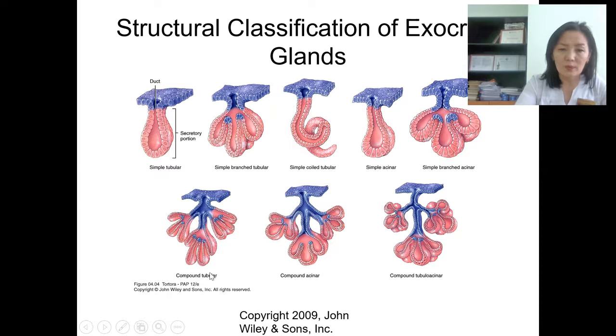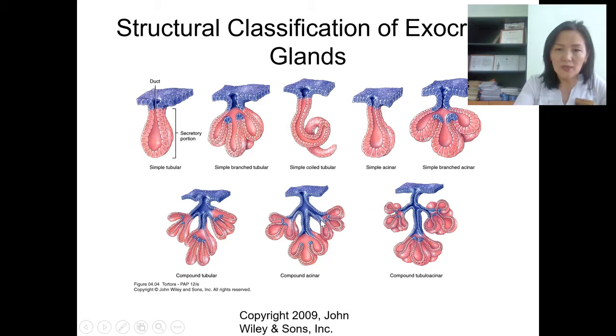Compound gland can be compound tubular because the secretory portion consists of tube-like structures. Why compound? Because you can see here that the duct portion is divided into many branches. That's why compound gland. Compound acinar.